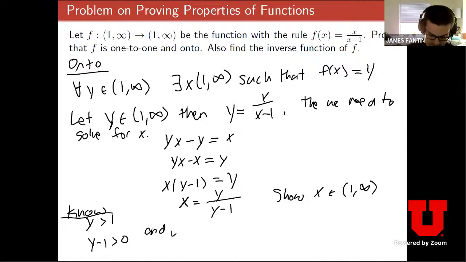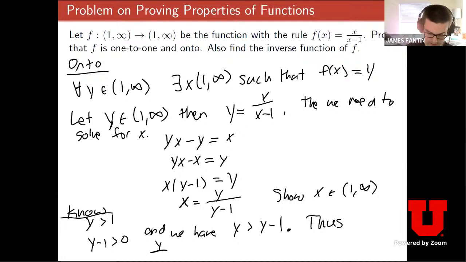And we also have that y is greater than y minus 1. So what does this tell us? Well, this tells us that the numerator is positive, the denominator is positive, and the numerator is larger than the denominator.